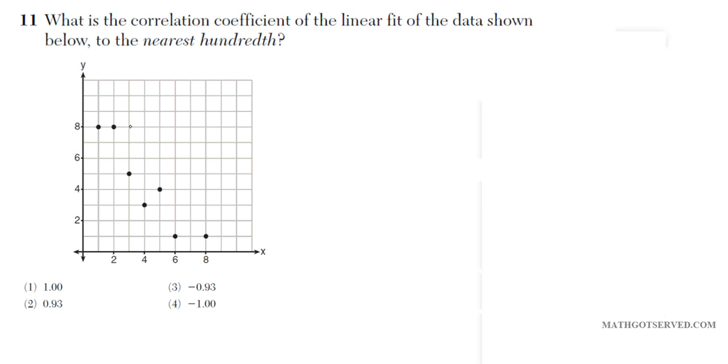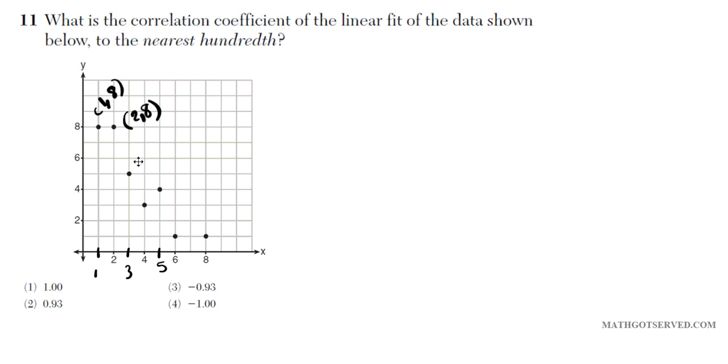In order to generate the numerical values that we'll be entering into the calculator, we'll have to determine the coordinates of these points. Okay, so this is 1, 3, 5, and that's it. So the first point is 1, 8. The second ordered pair is 2, 8.